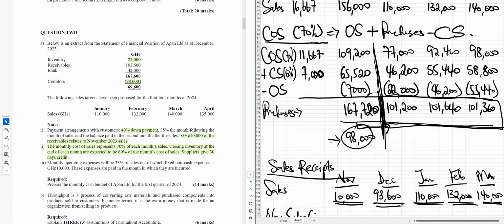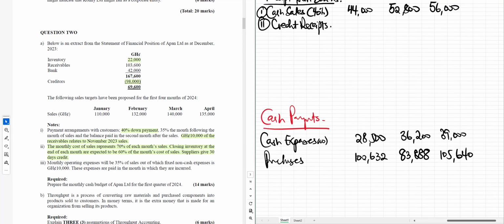December purchases, which will now go to January, that's 98. Do you understand? Then this one will now go to February as 101,200. Then February will now go into March as 101,640. So this is what should rather become our purchases on the cash budget: 98, 101,200, and 101,640.